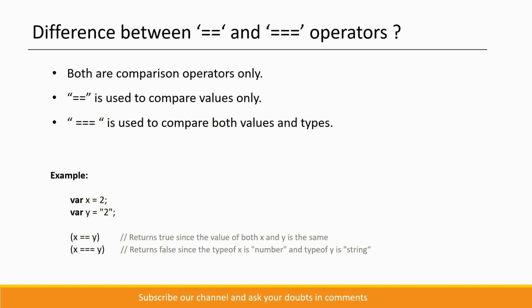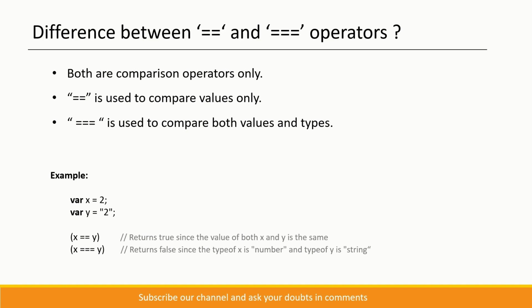If we compare x and y with the double equal to operator, it will definitely return true because both x and y have the same value. But if we compare x and y with the triple equal to operator, it will return false, since the type of x is a number and the type of y is a string.